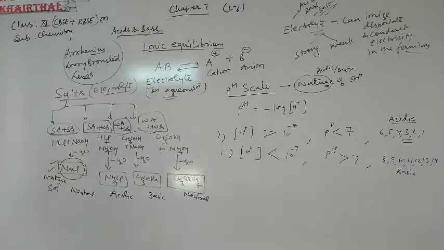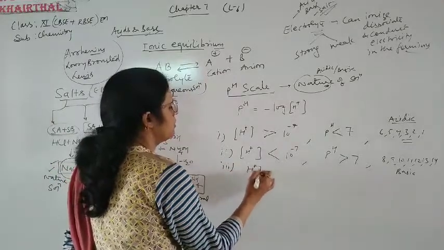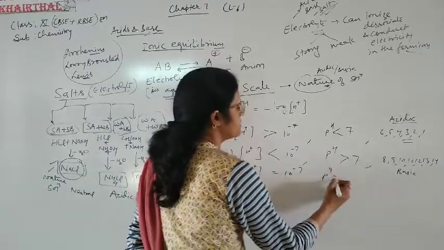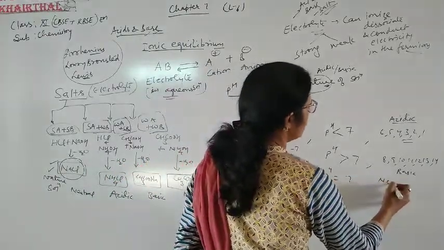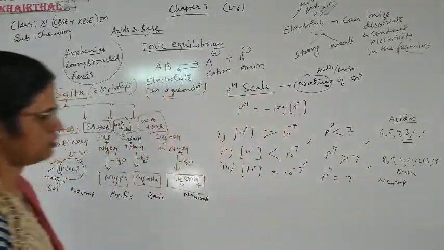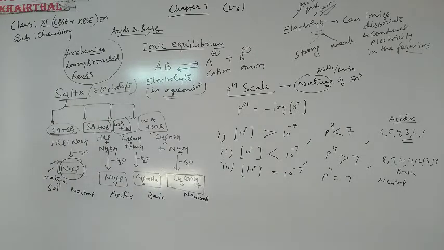If H+ ion concentration is 10 raised to power minus 7, then pH will be 7 and the solution will be neutral. Clear?